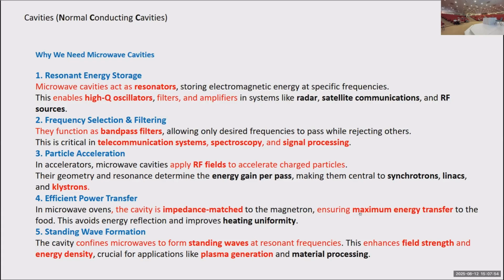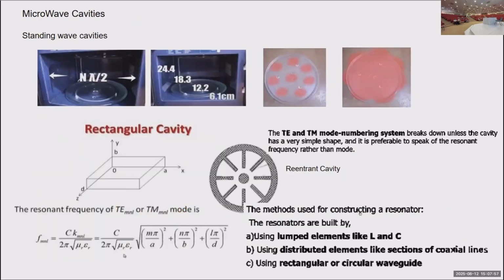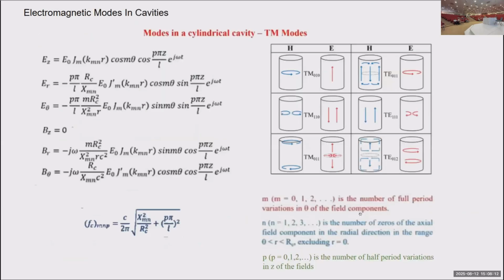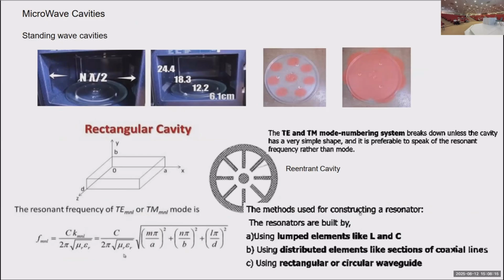One example that I think you follow in everyday life is the microwave oven. It's a rectangular cavity. A magnetron injects the power into it. The length of the microwave oven is a multiple of lambda over 2.